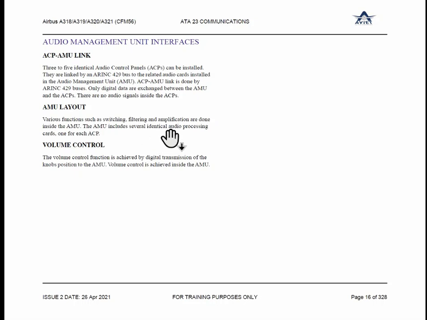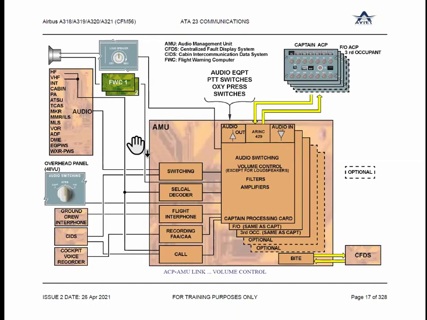AMU includes several identical audio processing cards, one for each ACP. ACP means audio control panel. Volume control: the volume control function is achieved by the digital transmission of knob position to the audio management unit. Volume control is achieved inside the audio management unit.